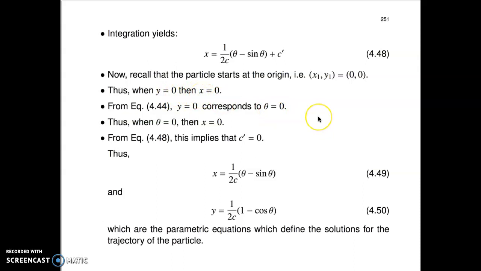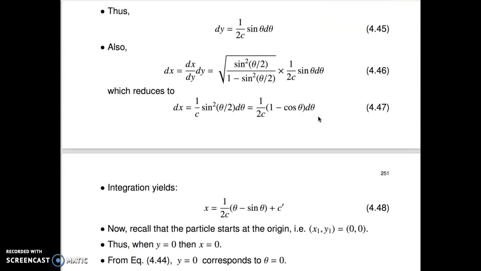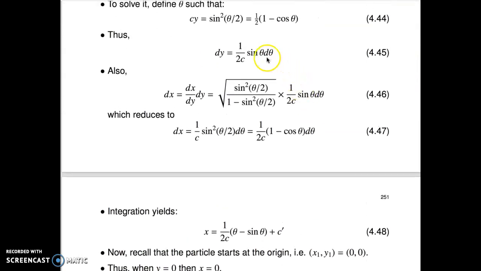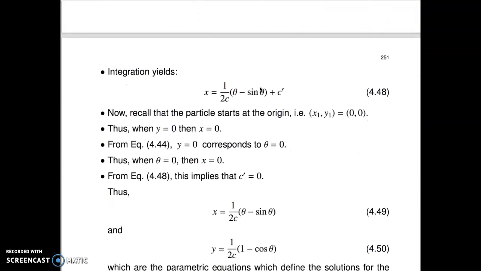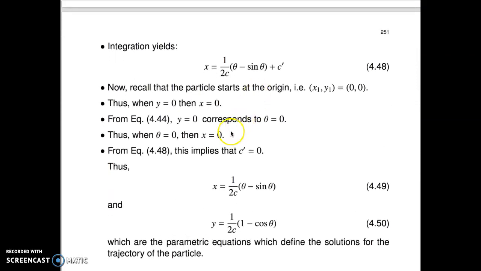But if you look at equation 44, when y is equal to 0, this means theta is equal to 0. From this equation, y is equal to 0 when theta is equal to 0. Put those two things together, it means that when theta is equal to 0, x is equal to 0.